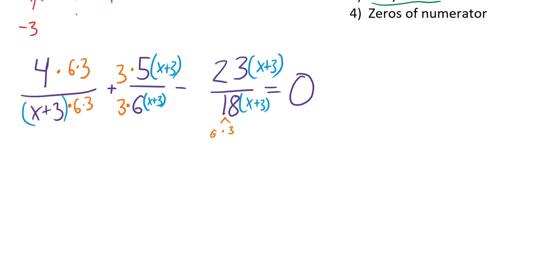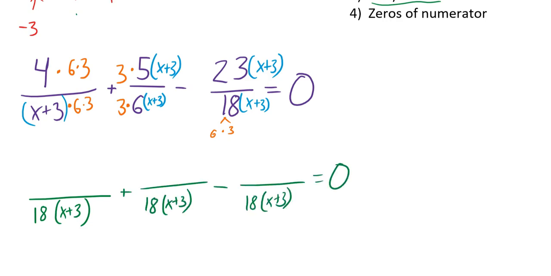So I'm going to combine the fractions. All of the denominators are 18 times x plus 3. My numerators are 4 times 6 times 3, which is 72. 3 times 5 is 15, so I have 15 times x plus 15 times 3, which makes 45.